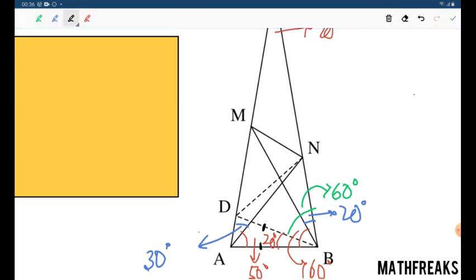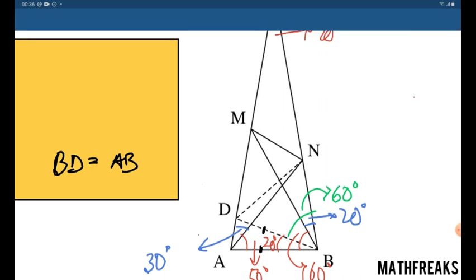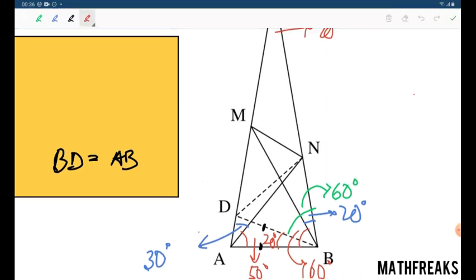BD equals to AB. Another very interesting observation, what about this angle?